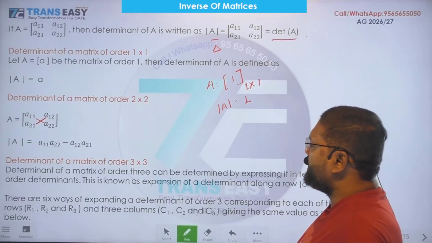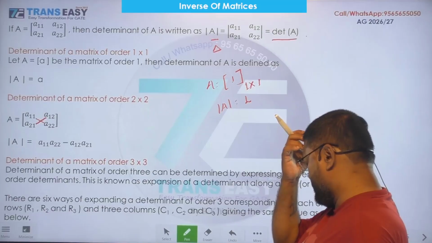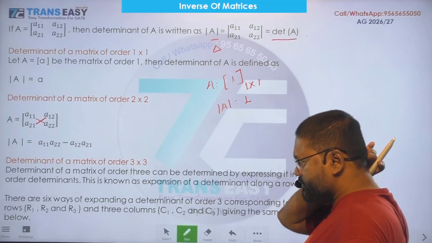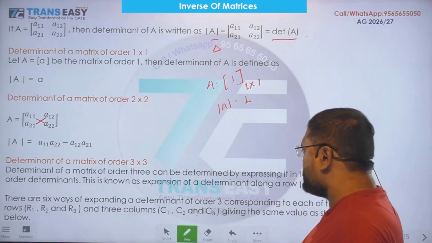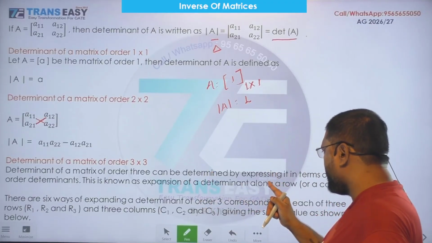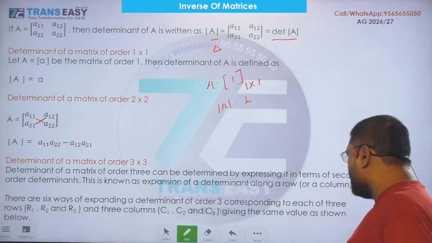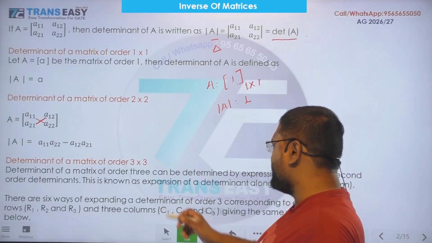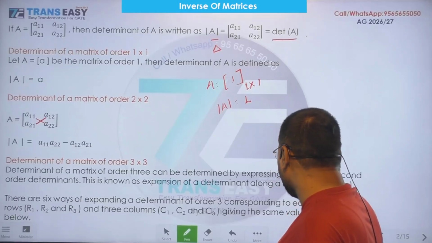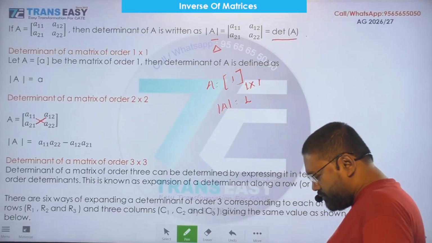Determinant of a matrix of order 3 is to 3 can be determined by expressing it in terms of second order determinants. This is known as expansion of determinant along a row or a column.